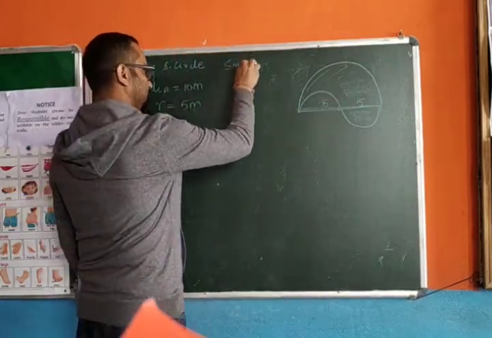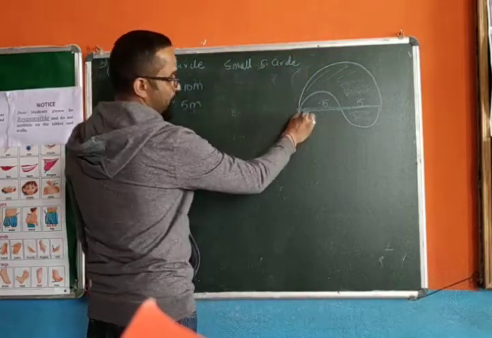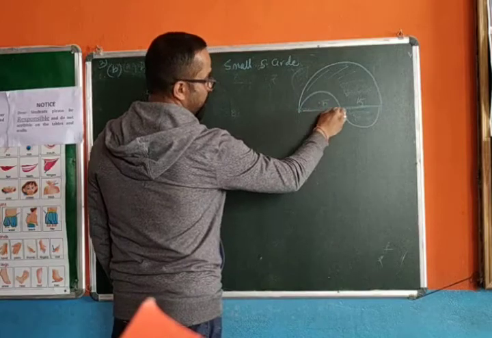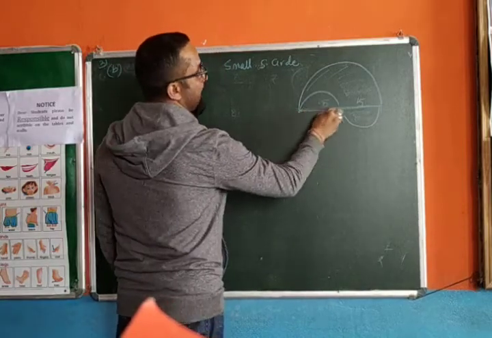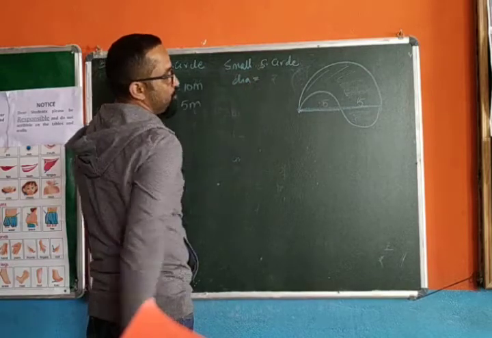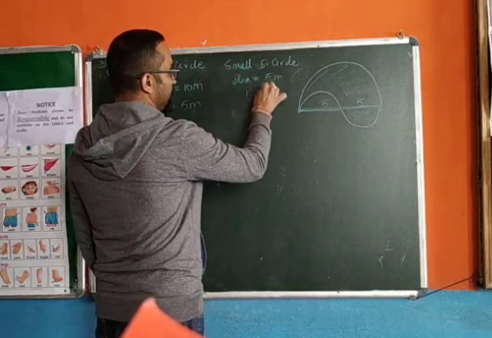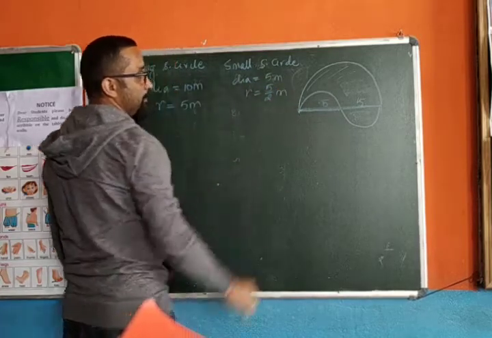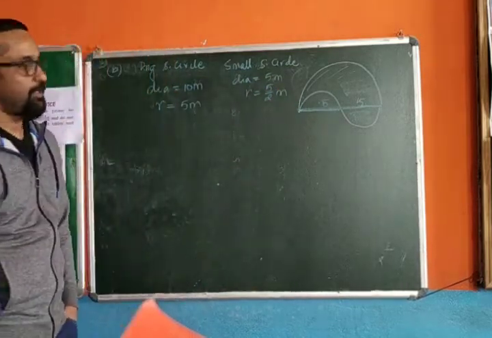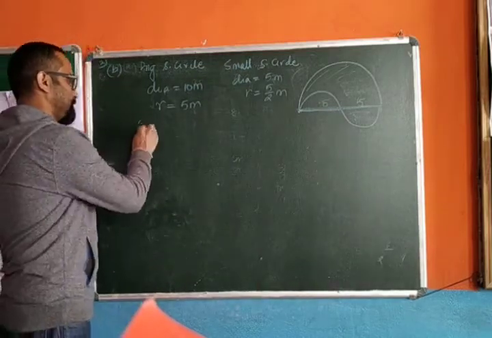Small semicircle. This portion is radius of big one and it is diameter of small one. Diameter is equal to 5 meter. Radius is 5 divided by 2 meter.